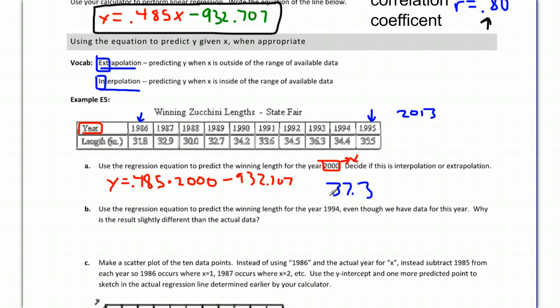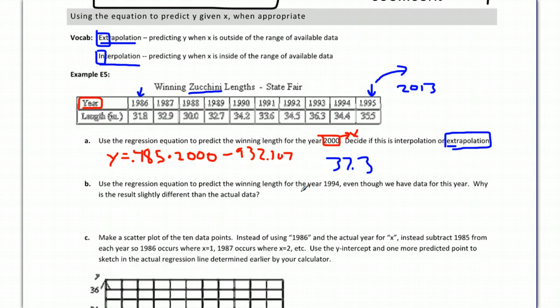So our prediction then is that in the year 2000, the winning length of the zucchini will be 37.3 inches. The reason that this is going to be extrapolation is because the year 2000 is beyond our max. Our max in this is 1995, and we are outside of that. So that's why the year 2000 is extrapolation.